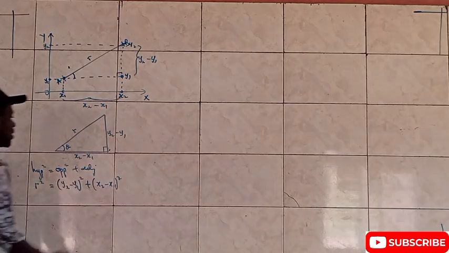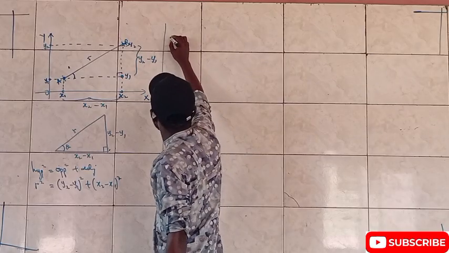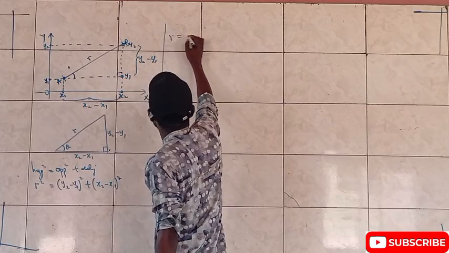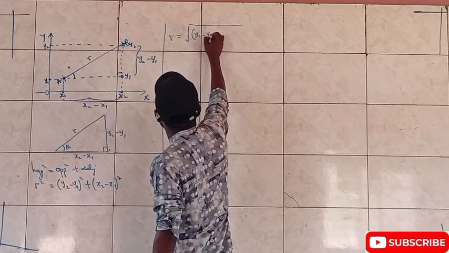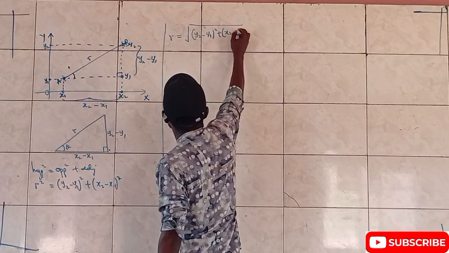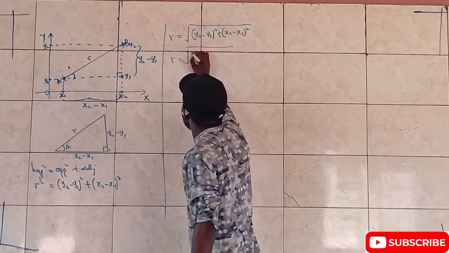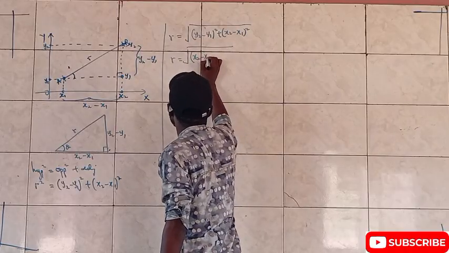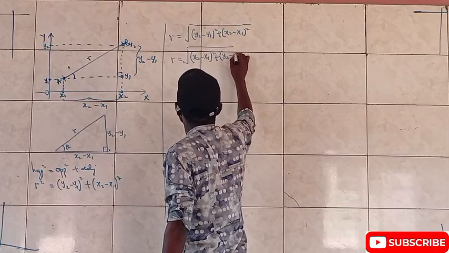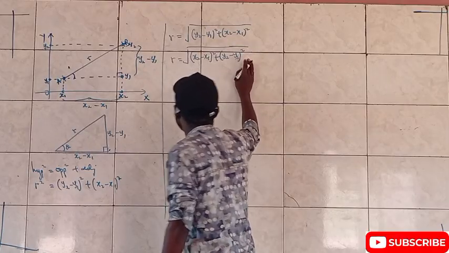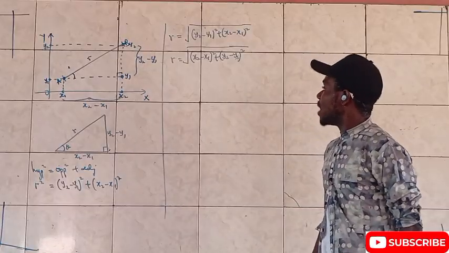Taking the square root of both sides, r is the square root of y2 minus y1 squared plus x2 minus x1 squared, which can be written as the square root of x2 minus x1 squared plus y2 minus y1 squared. This is the equation for the distance between two points of a line.